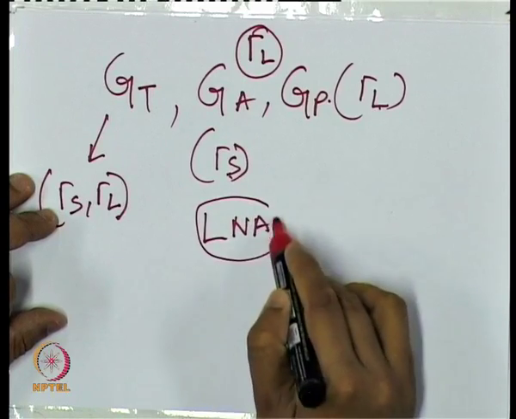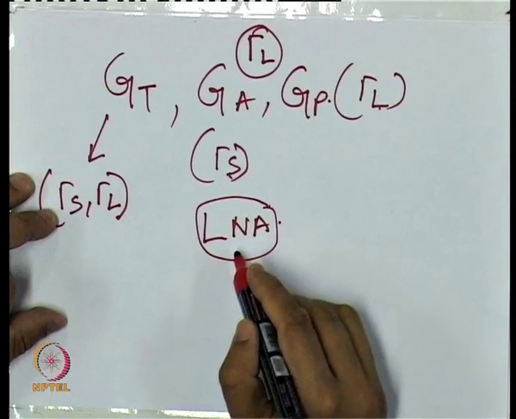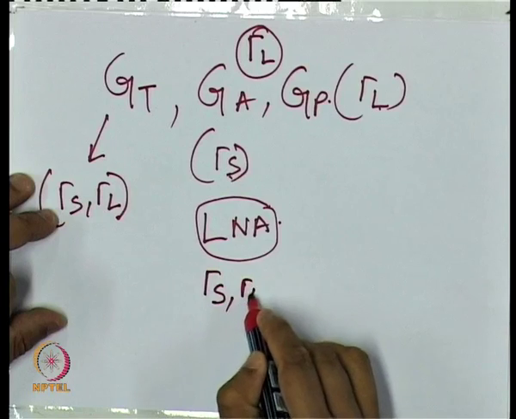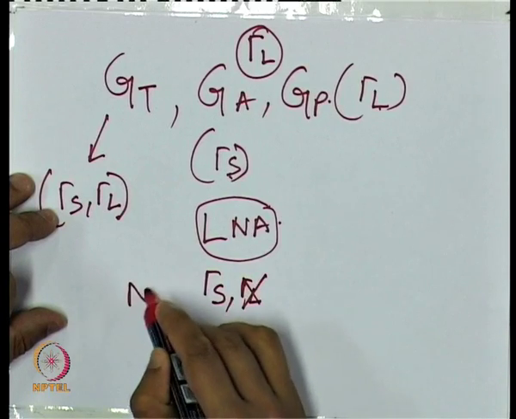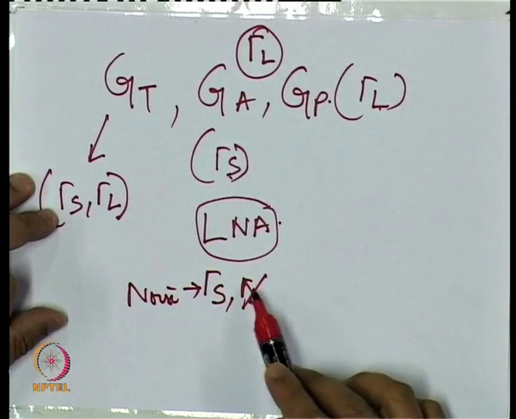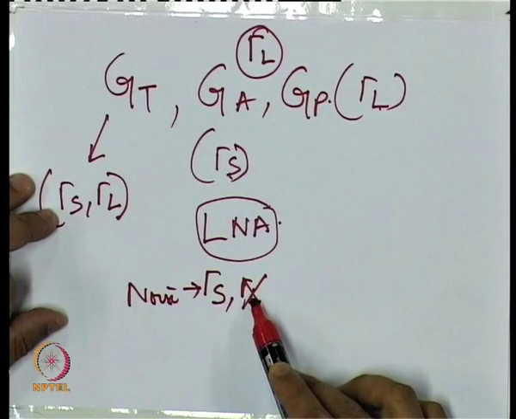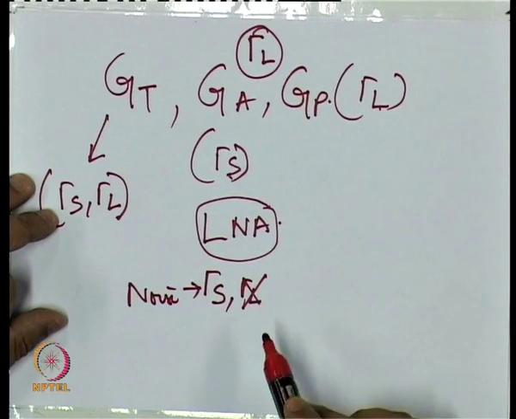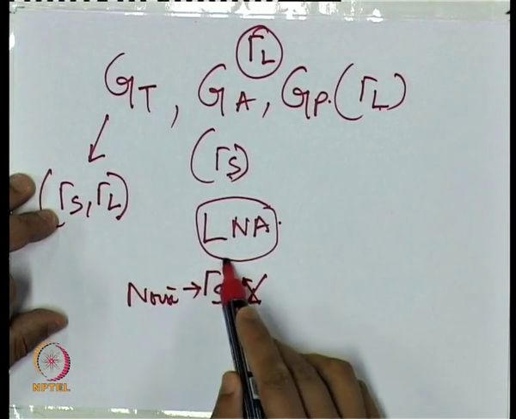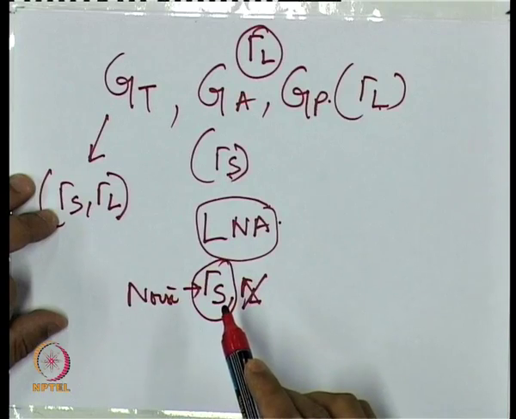For example, in low noise amplifiers, noise depends mostly on gamma S rather than gamma L. So here gamma L, that is the output impedance of the amplifier, is already fixed, but to obtain the optimum noise figure, we can modify gamma S.